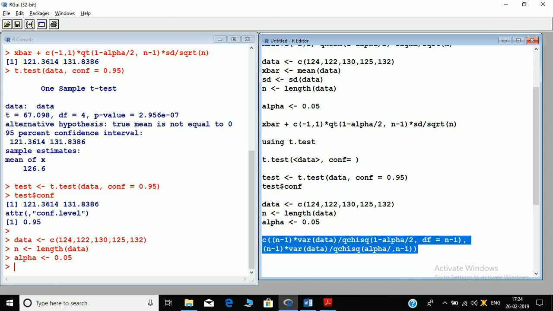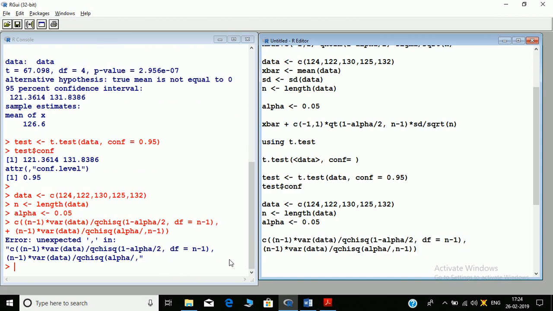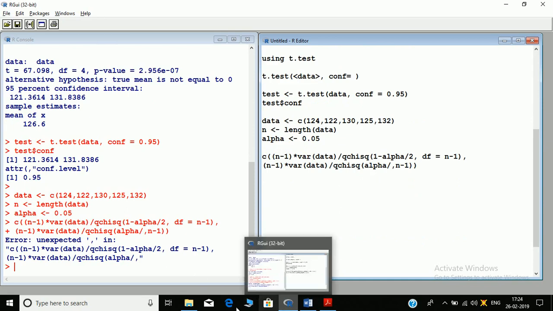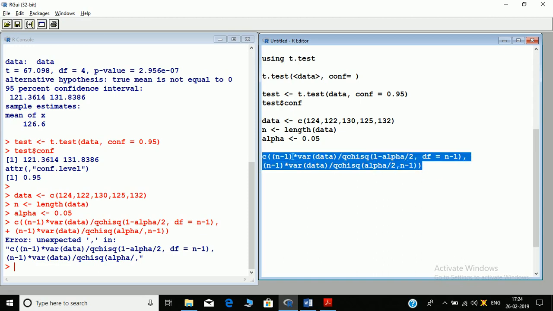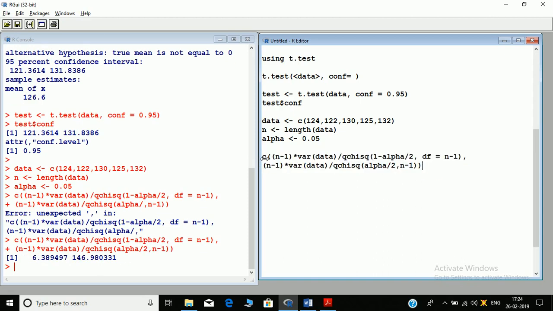And if I run this, oh, there's an extra comma here, or extra slash, alpha by 2. So this is my CI: 6.38 and 146.98.